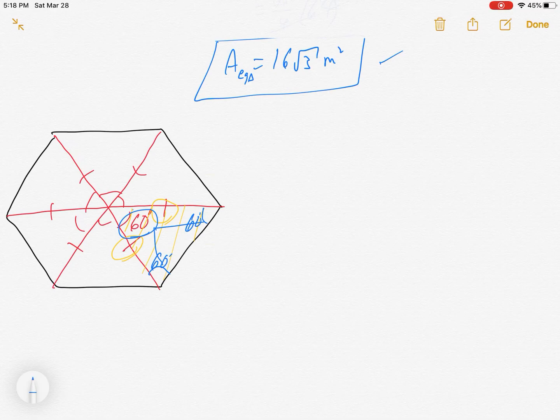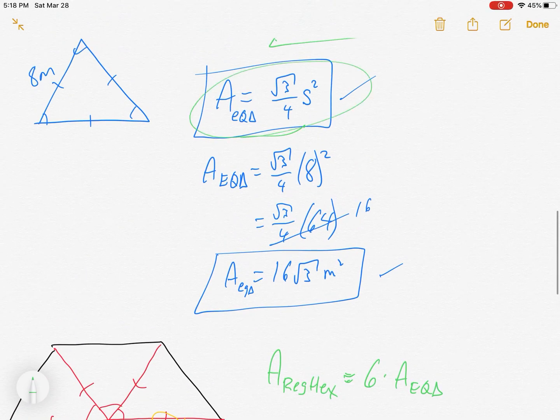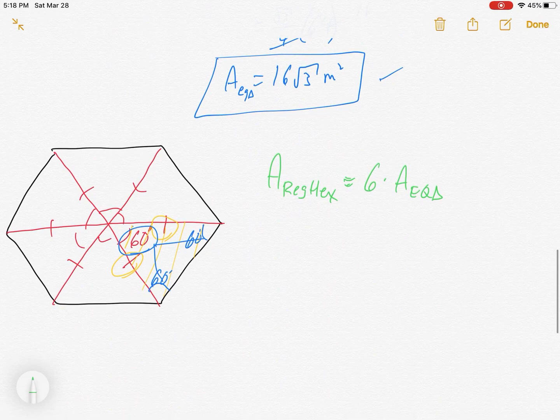What do you know? We got an equilateral. You don't have to do that. You should just probably memorize the way that works. So the area of a regular hexagon is actually equal to 6 times the area of an equilateral triangle. So if you know that formula from up here, it's just 6 of those.